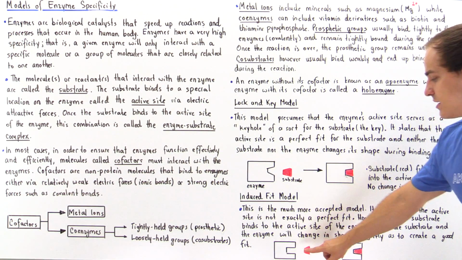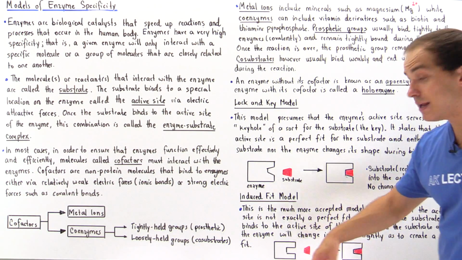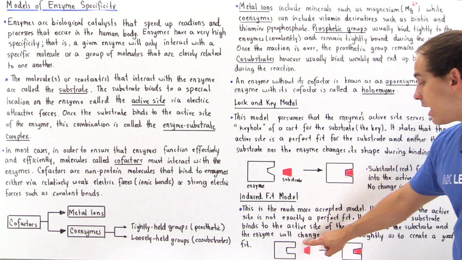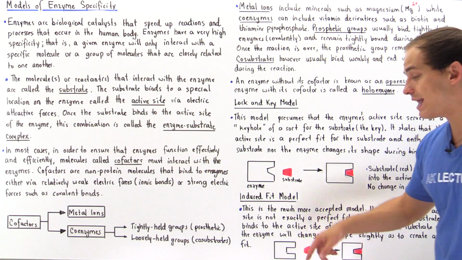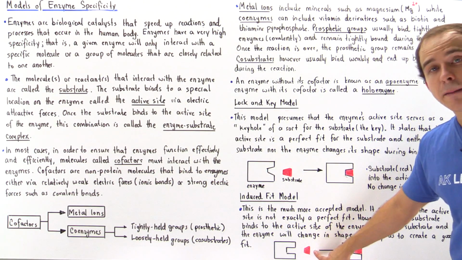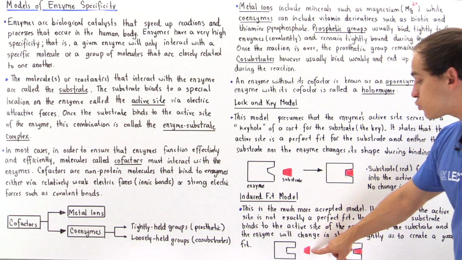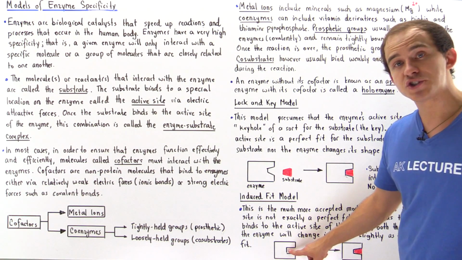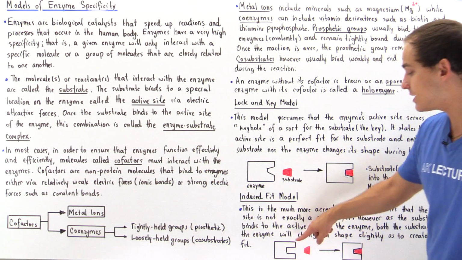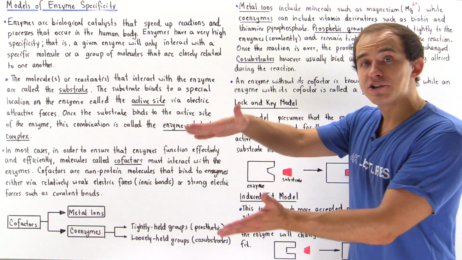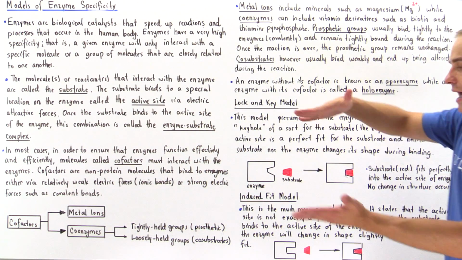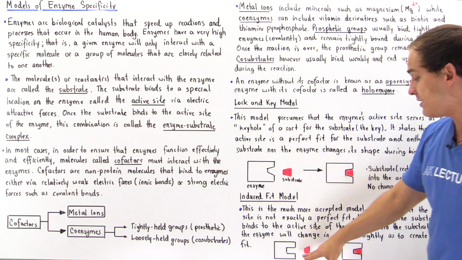So we can imagine our enzyme initially has a rectangular active site, while our substrate is, let's say, some type of trapezoid. Now, when the trapezoid, the substrate shown in red, goes into this rectangular active site, the rectangular active site changes in shape slightly, and we can imagine the trapezoid also changing in shape.